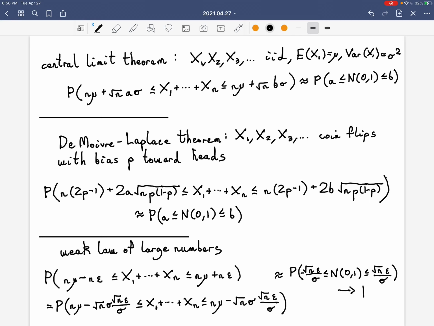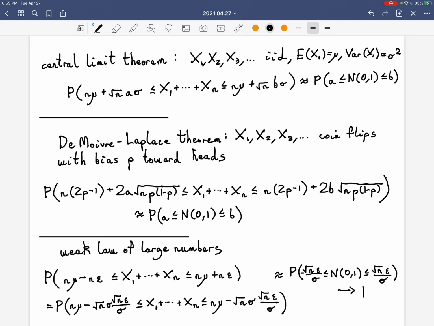And so what that's telling you is that a linear error, when measured in the appropriate units, actually looks like a probability that the standard normal is within an interval that expands to infinity.